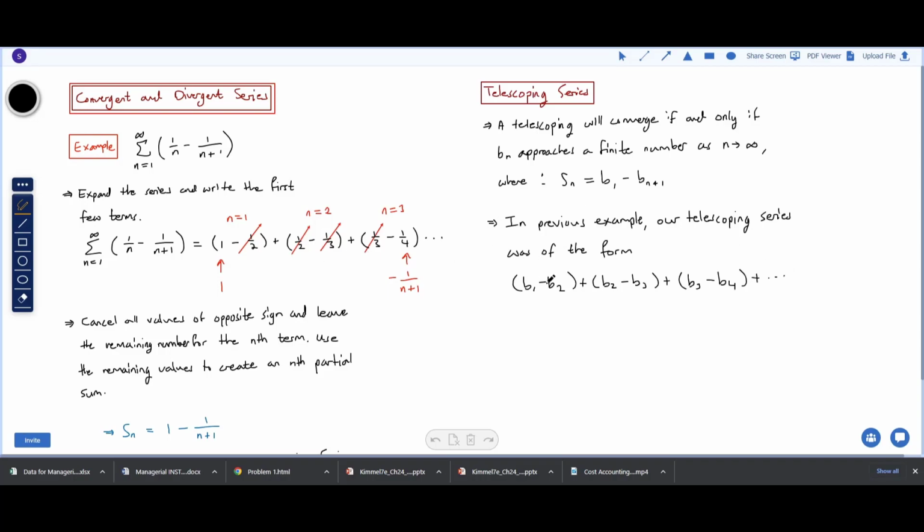So we were able to see that the b2 would cancel out, b3 would cancel out, right? And after only the first three terms, we noticed that b1 remained, and then the last part of the nth term also remained.